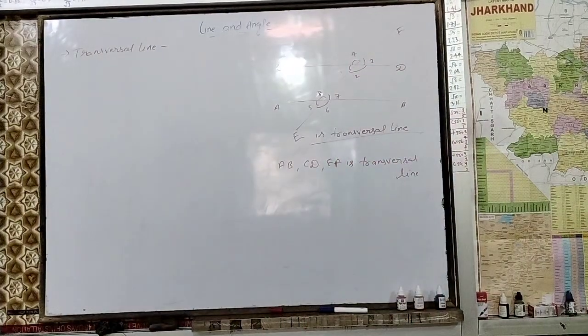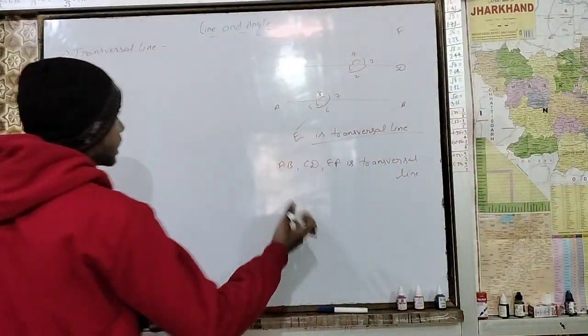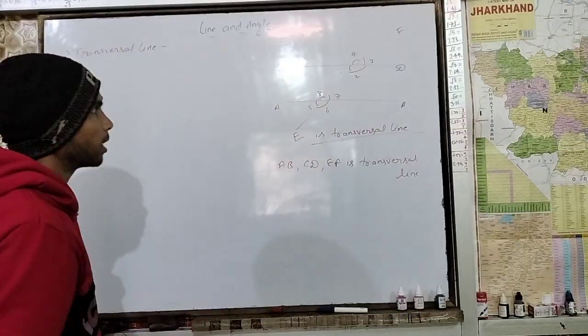Now you are going to see rules of a transversal line. Remember, if lines are parallel, as we can see, these two lines are parallel.